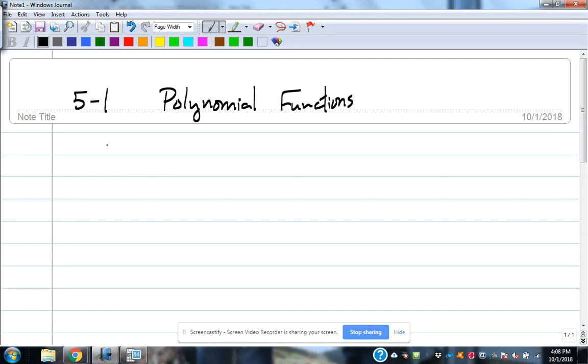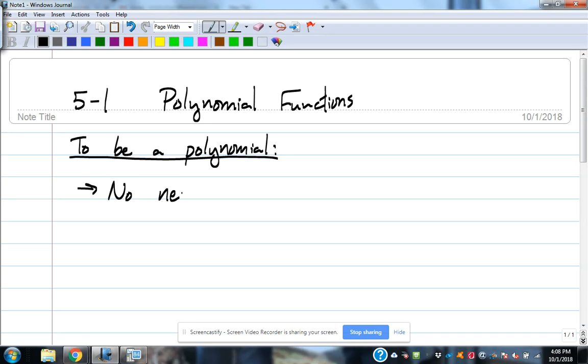Polynomial functions. So to be a polynomial, a couple of things: no negative or non-integer exponents.